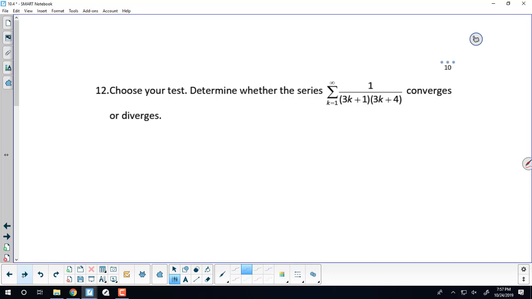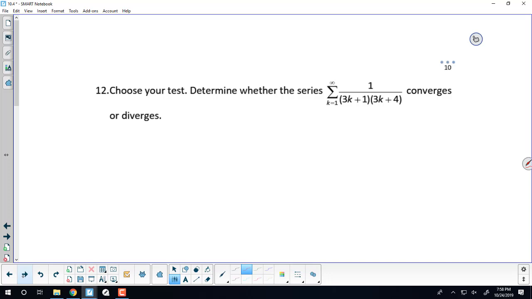It would behave like 1 over 9k squared. But it's not in that form. It's not just 1 over 9k squared. So we can't just say, oh, that's a p-series. The leading terms are this, right? The p-series doesn't apply to just a leading term. So fortunately, it's not that straightforward.